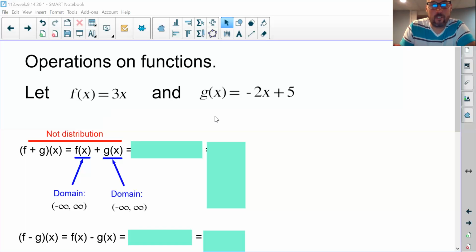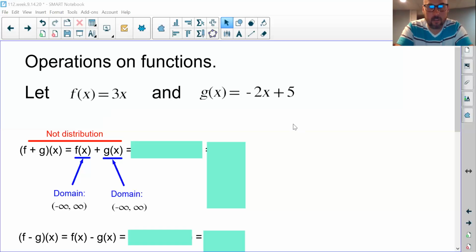For example, if 2 isn't in the domain of g, then when you combine g and f, no matter what you're doing, multiplying, adding, subtracting, or dividing, 2 can also not be in the domain of the result.